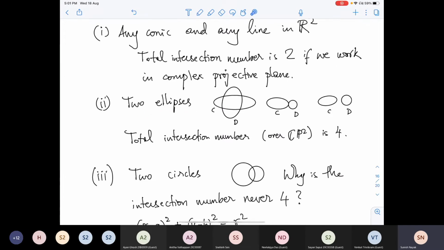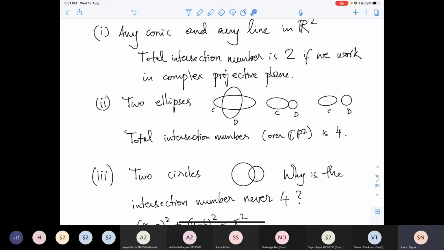Let's look at two ellipses, degree 2. So the theorem says that it should have 4. And indeed, you can see there are 4 points here. Of course, if you move the ellipses a little bit, then there's a tangential intersection here, and several things can go wrong. Here, there are complex solutions, so you're not seeing them. And here, there's a tangential intersection, so maybe I forgot to calculate the intersection multiplicities.